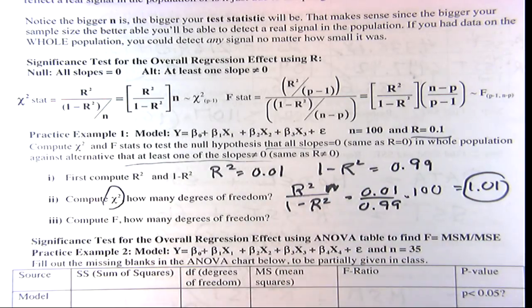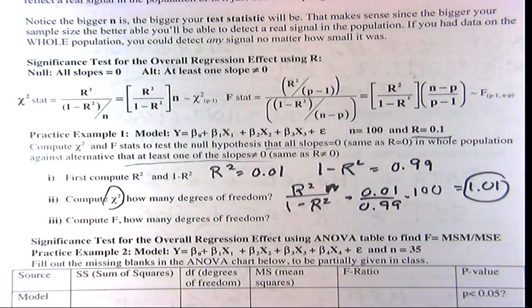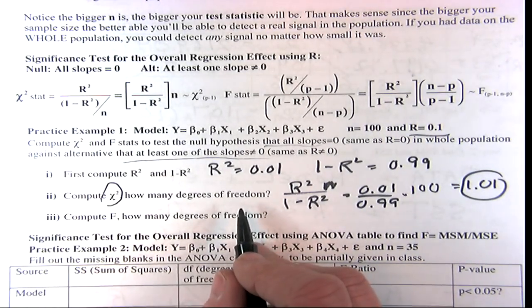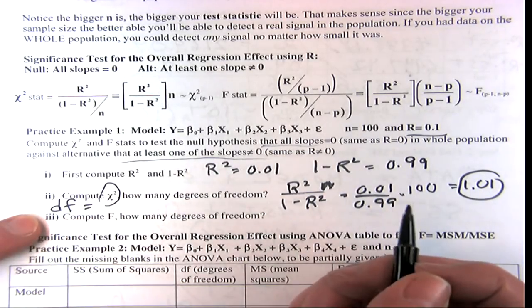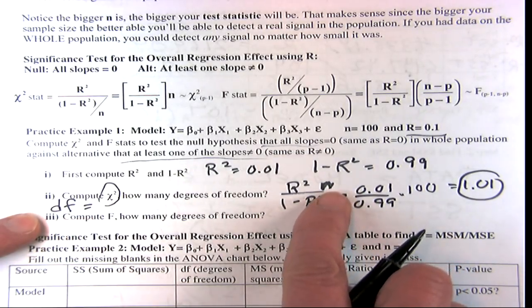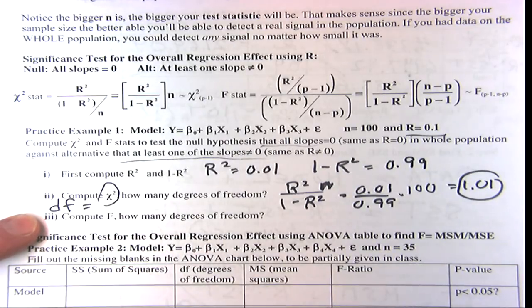Any questions on that? Okay, so now how many degrees of freedom does the chi-square have? Why is that relevant? In order to find the p-value, we have to find which chi-square curve to look on. The degrees of freedom doesn't depend on the sample size at all. It depends on how many parameters are in your model.